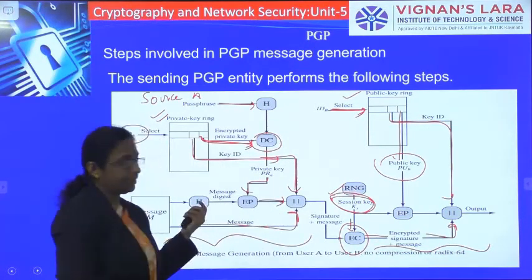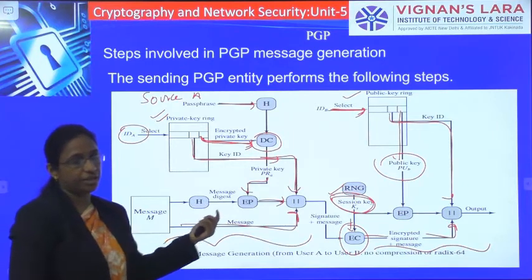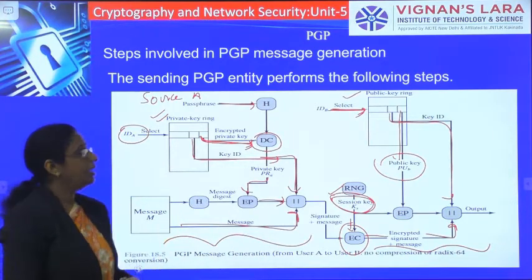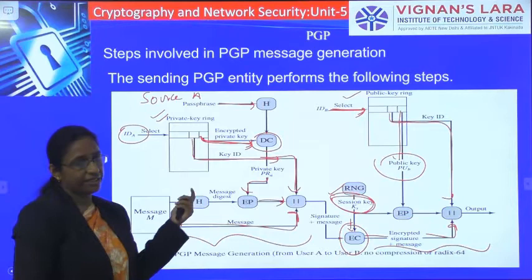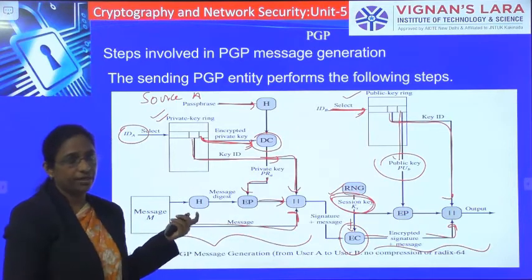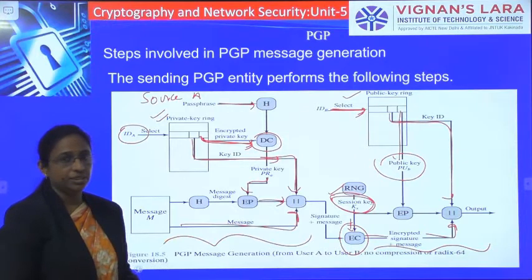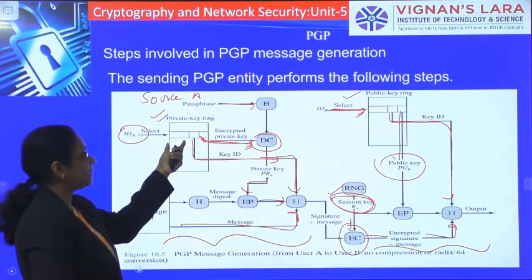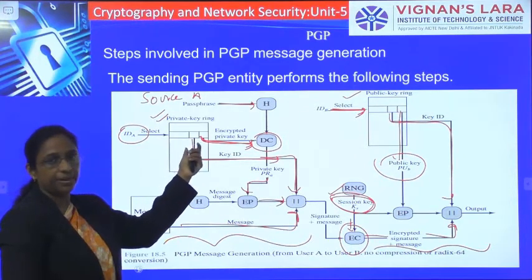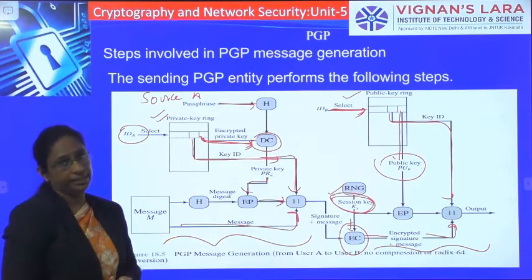So for doing authentication and confidentiality, you require private keys and public keys, where PGP maintains those public key and private key rings. Whenever required, it searches the private keys and public keys in those key rings.